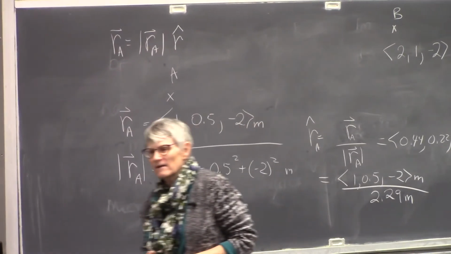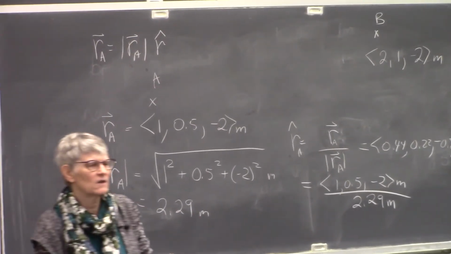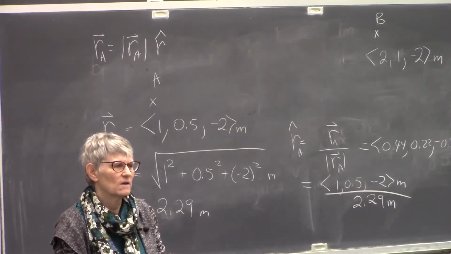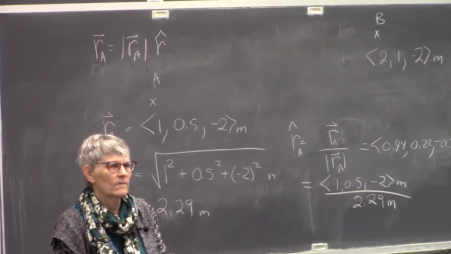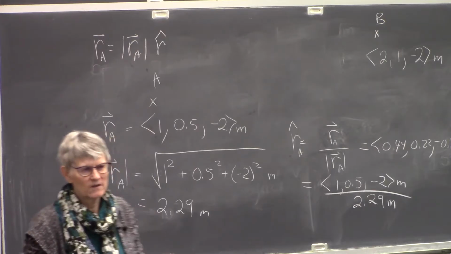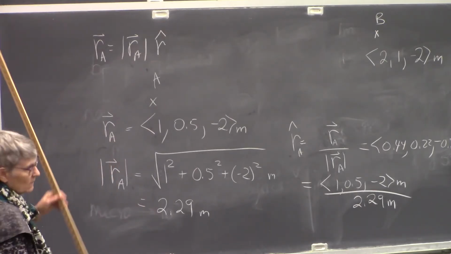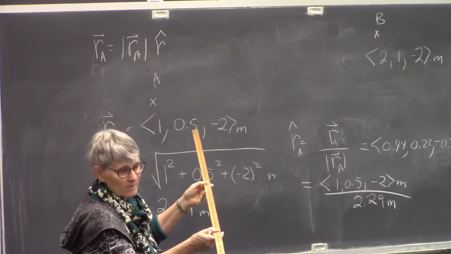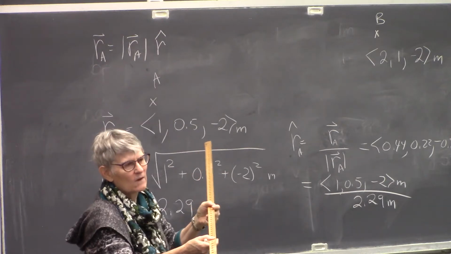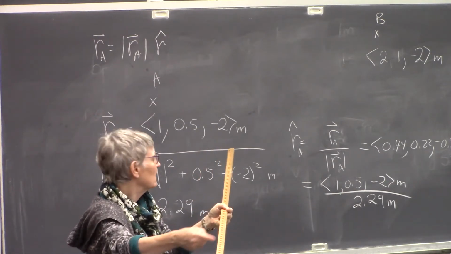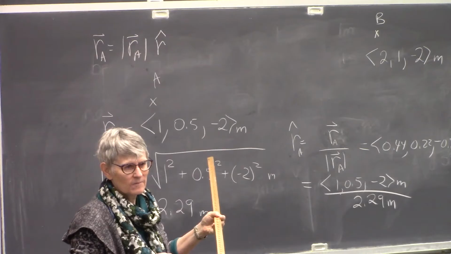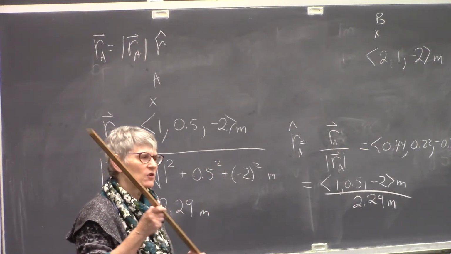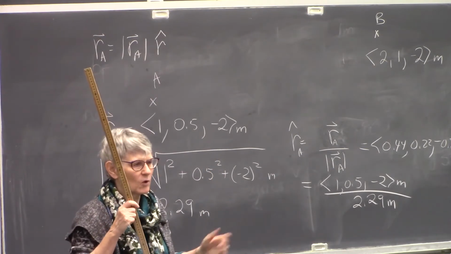So we calculated this vector r sub a hat. What is the direction of that unit vector that we just calculated? It's in the same direction as r sub a, isn't it? So r sub a is in that direction. So r sub a hat is also in that direction. So we preserve the direction, but it has a magnitude of 1.